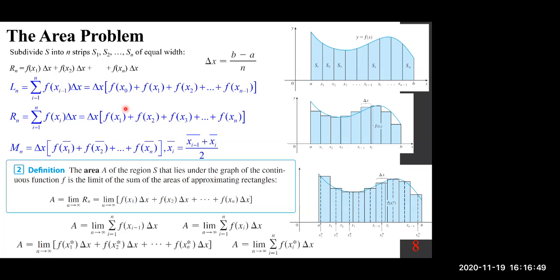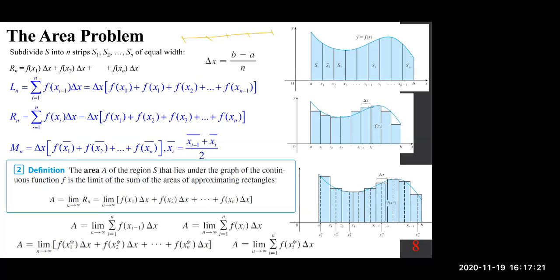Whereas for R, okay, you are using not the first one, but everything else here. See, delta x times those. And the midpoint says just go with the middle of the two. In other words, if you were to graph this, just to quickly show you, if you have a line segment, let's just cut it into 4, just for the sake of argument, only because of the illustration, okay?